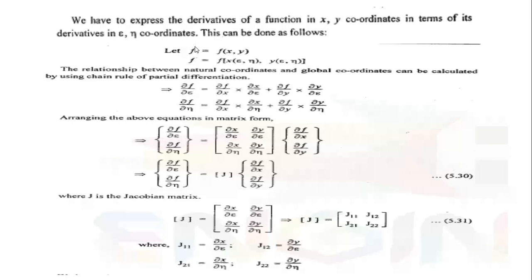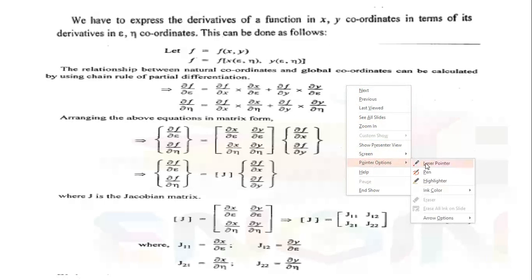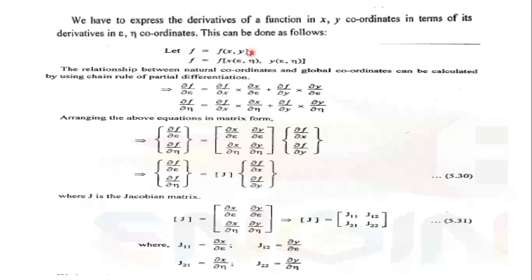So for that, let us take f as a function which depends upon x and y, that is, the global coordinates. But whenever we interchange the global coordinates, each and every individual x and y will be represented in terms of eta and zeta. That is why I am not directly setting x equal to zeta or y equal to eta, since we are doing a coordinate transformation here.